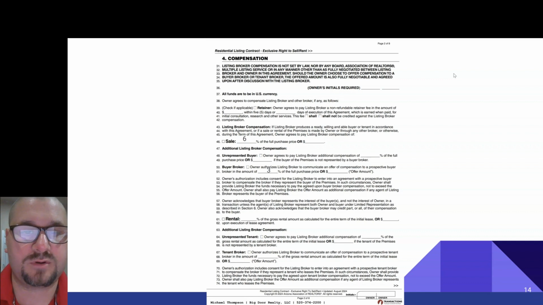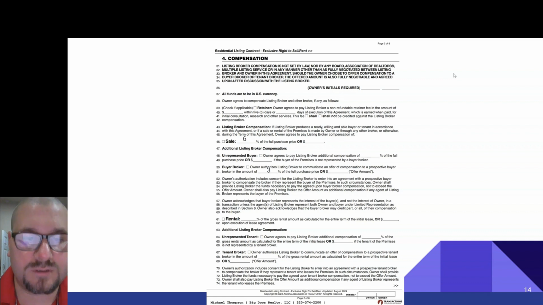Additional listing broker compensation. Unrepresented tenant, owner agrees to pay listing broker additional compensation of blank of the gross rental amount as calculated for the entire term of the initial lease, or blank if the tenant of the premises is not represented by a tenant broker.